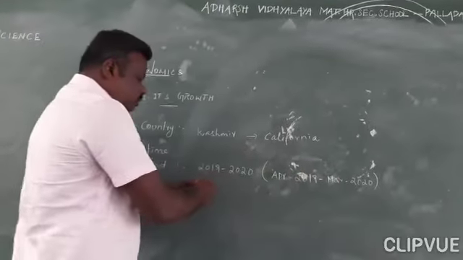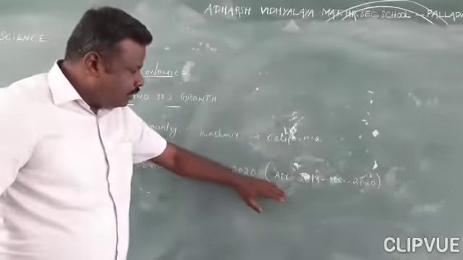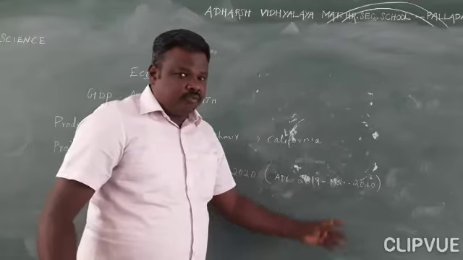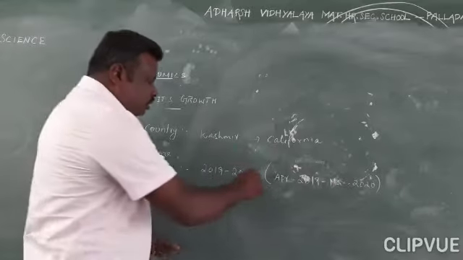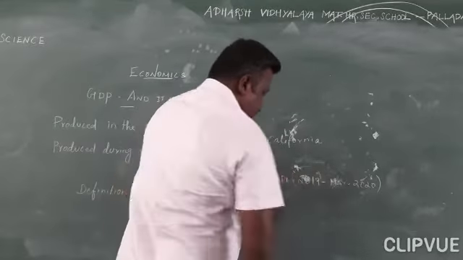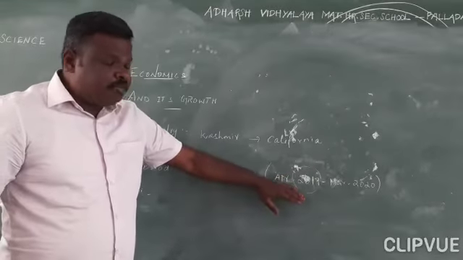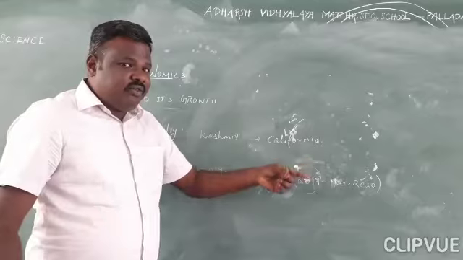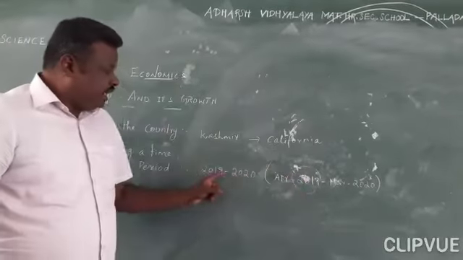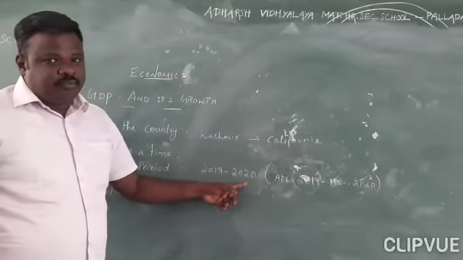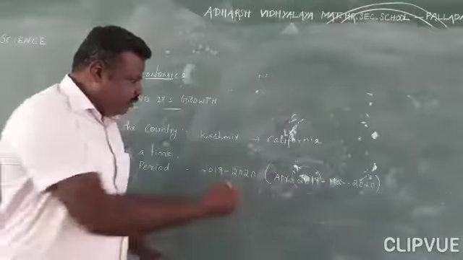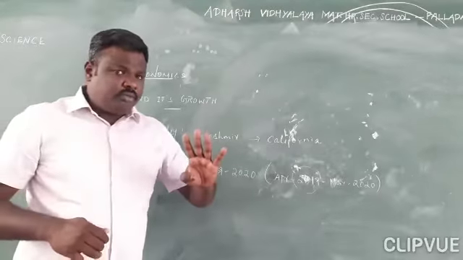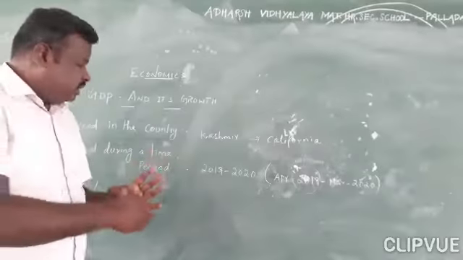This is noted as 2019-20. So in the month of April 2019, the particular thing produced in India will come under 2019-20's GDP. Can you understand? For quarterly, we have four quarters of GDP calculating method.